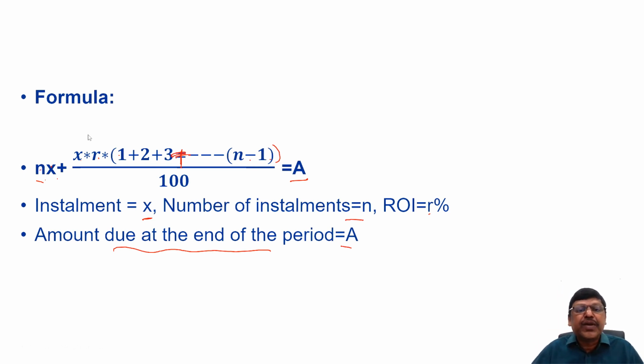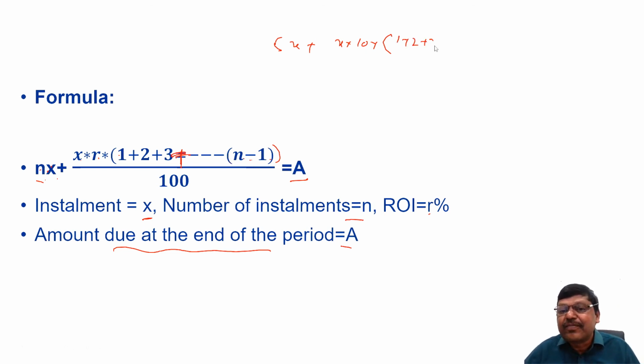If I apply this formula here, the number of installments is 5, and the installment amount I have to find out is x. So it is 5x plus x into rate 10 into the sum of the first n minus 1 numbers. What do we mean by the first n minus 1 numbers? If there are 5 installments, you have to find the sum of the first 4 numbers.